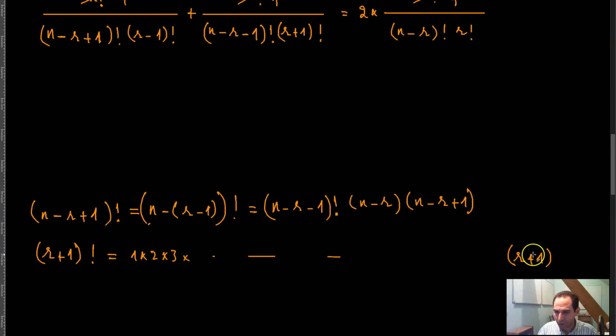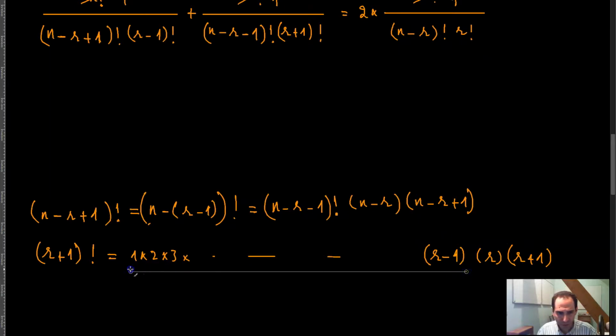And then the term that comes before that is, of course, r, and the term that comes before this is r minus 1, right? So this becomes basically r plus 1, r, r minus 1.